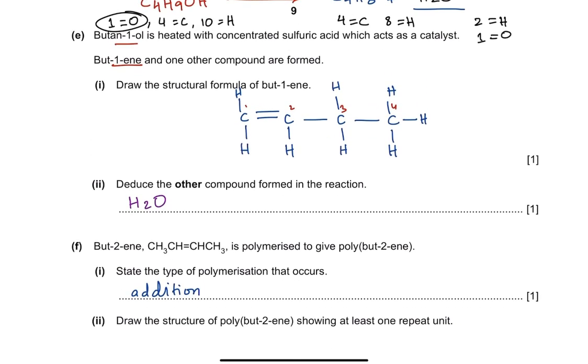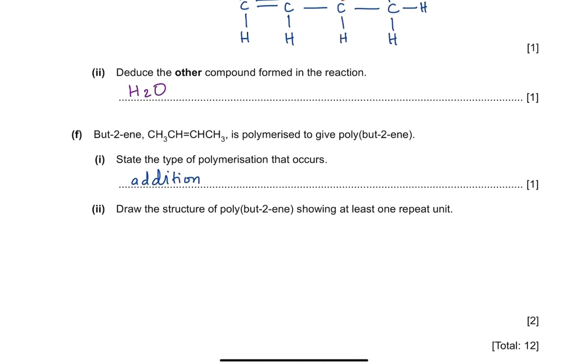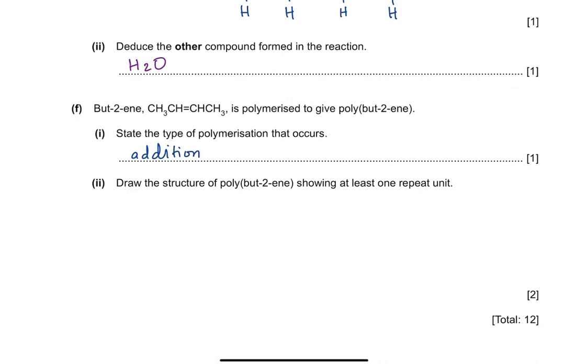So let's go for making the polymer. In order to understand how this works, we first need to draw butene. Butene here means there's a carbon-carbon double bond between carbon 2 and 3, and the other carbon atoms have their hydrogens based on valency. This is your butene, carbon 1, 2, 3, 4.